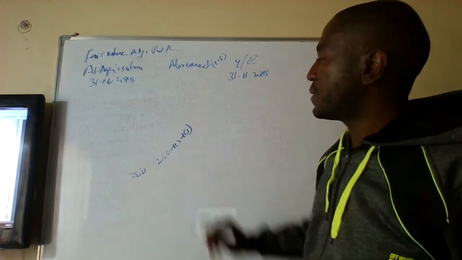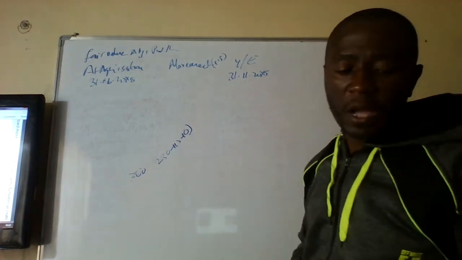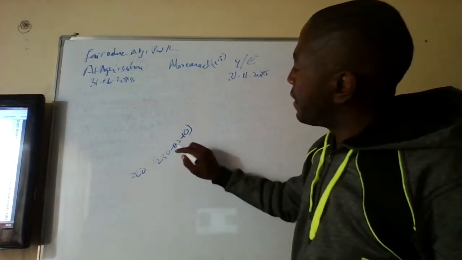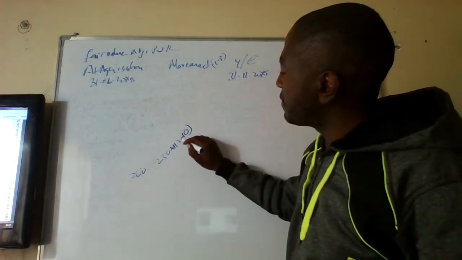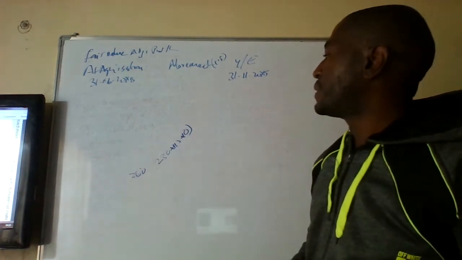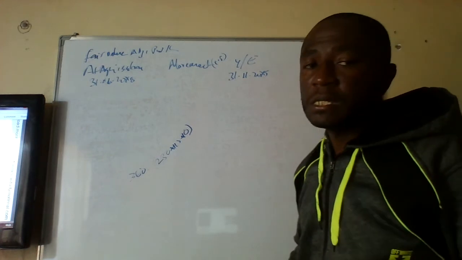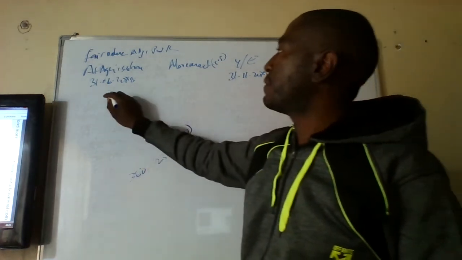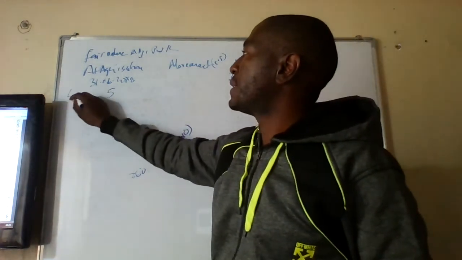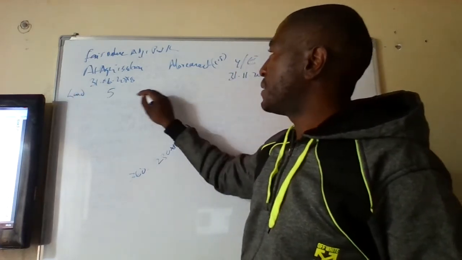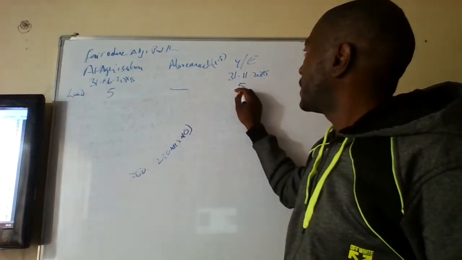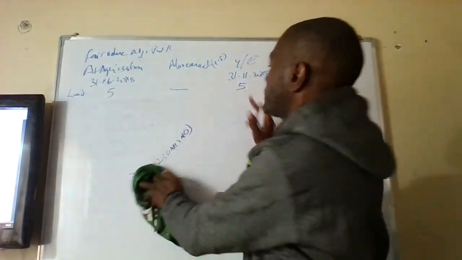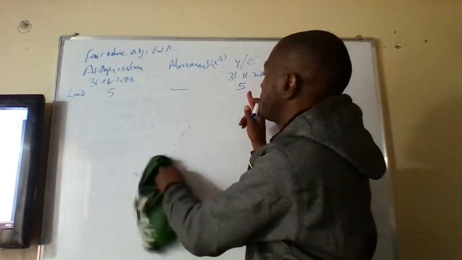So when you add 230 plus 115 plus 10 will give you 355. Less 360 will give you 5. So that is your land, which does not depreciate, non-depreciable land. So at the end, it is 5.